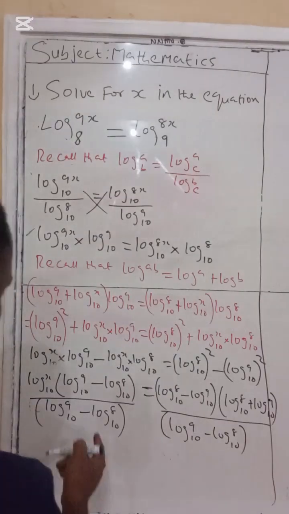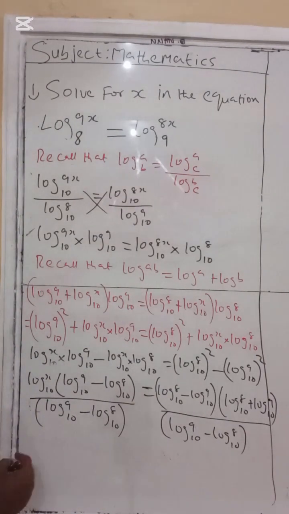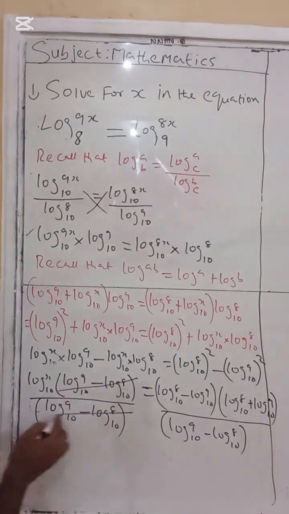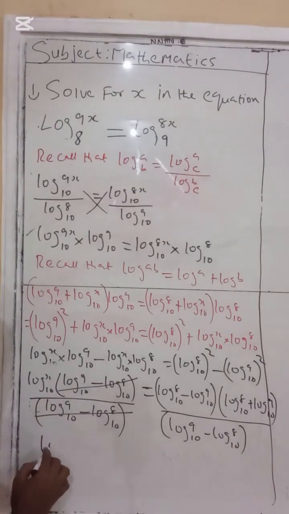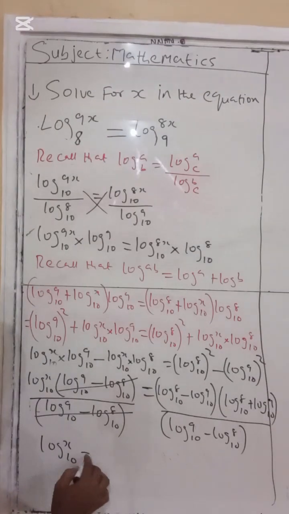Now, we can transform this. This will cancel this, so we're left with log x base 10 equals.